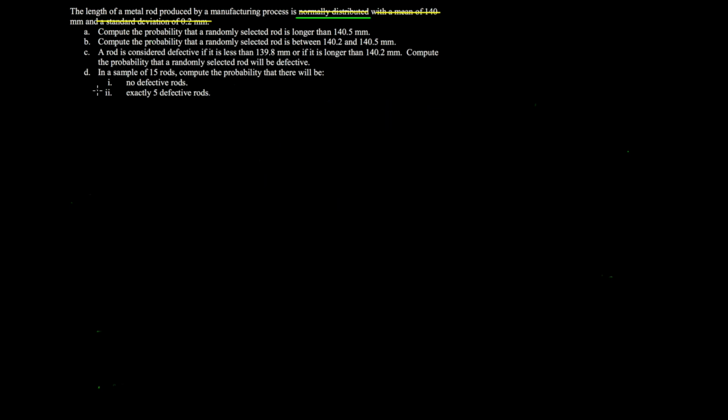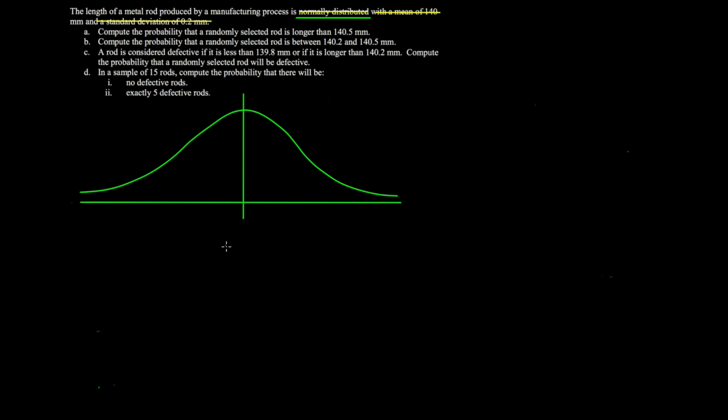Okay. So in part C, they want to know: a rod is considered defective if it is less than 139.8 millimeters or if it is longer than 140.2 millimeters.